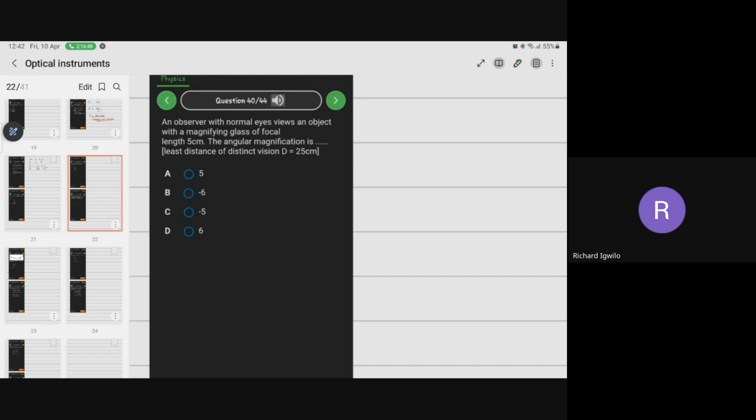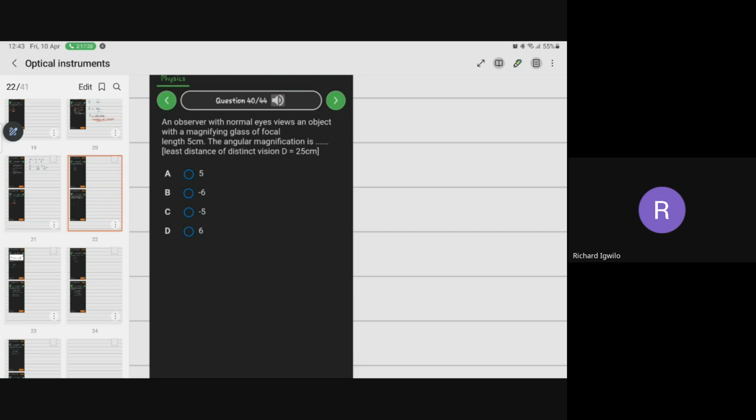All right. An observer with normal eye views an object with a magnifying glass of focal length 5 centimeter. The angular magnification is dash. The least distance of vision is equal to 25. Regarding the calculation on hypermyopia, there are two of them; I will check it.